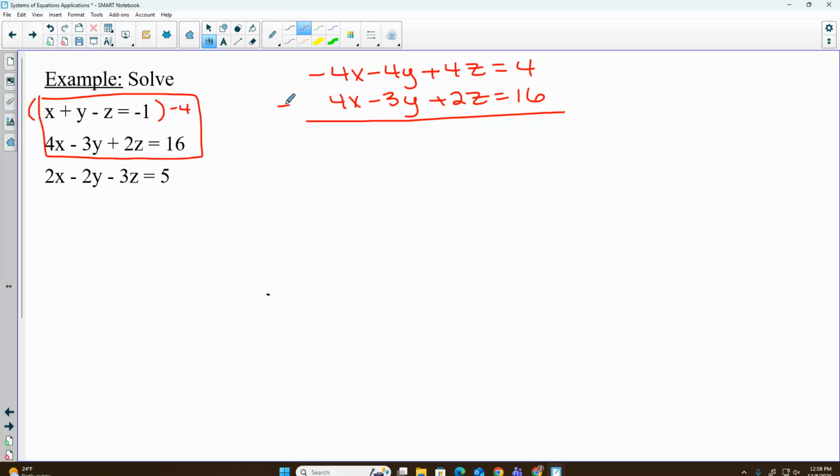So when I add those together, my x's drop. So we have negative 7y plus 6z equals 20. Do I have an answer yet? No, but I have fewer variables.